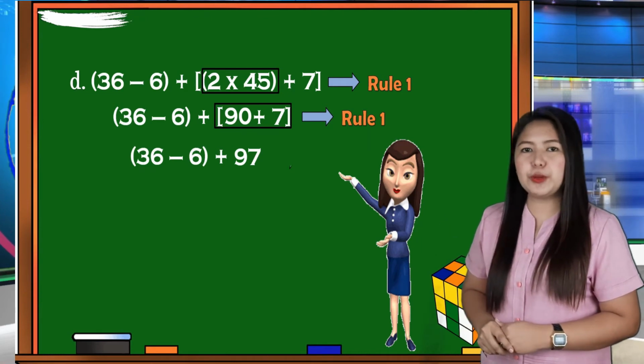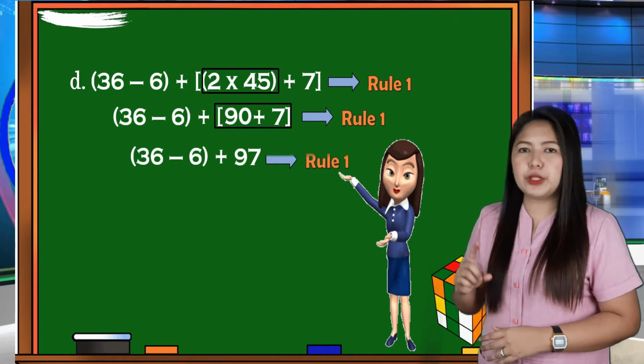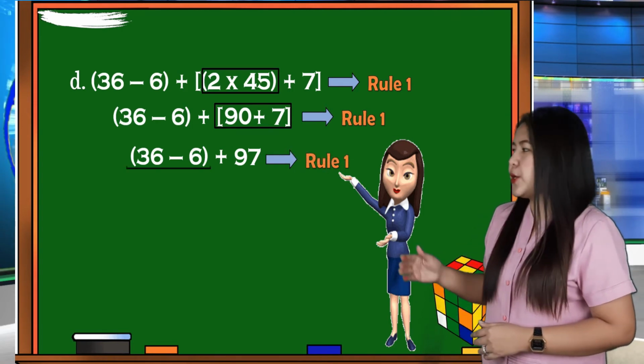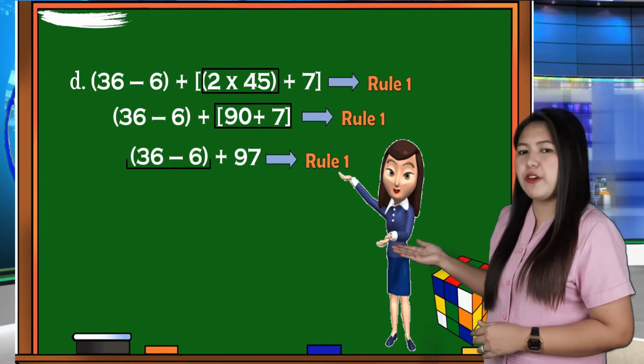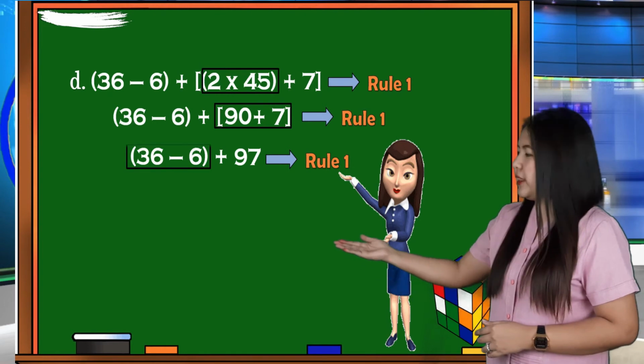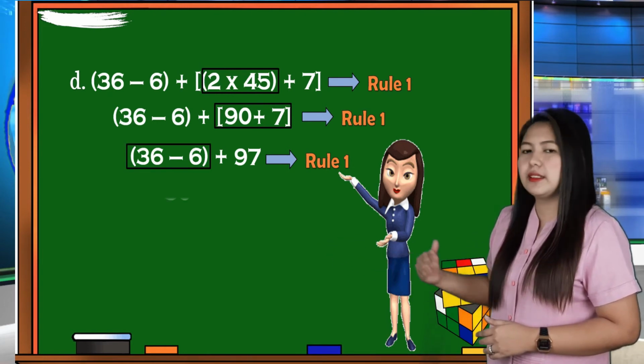Ano isusunod natin rule? So, isusunod natin rule number 1, yung nasa loob ng bracket. So, 90 plus 7 is 97. Bring down 36 minus 6 plus.